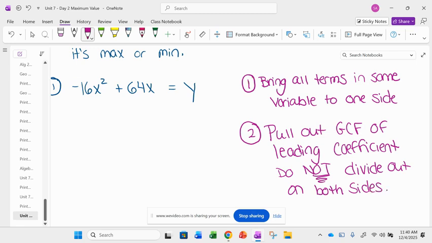That just means we're going to pull out that GCF and leave it on that side. Here, do we agree that the leading coefficient is negative 16? So I'm going to pull out a GCF of negative 16, and I'm left with x squared minus 4x equals y. Last class when we were solving, wouldn't I then divide it on both sides? Yeah, I'm not going to do that.